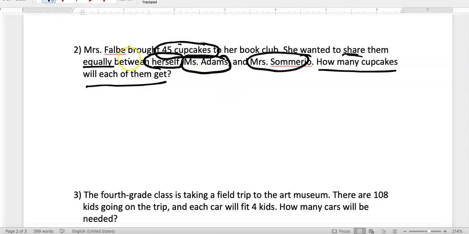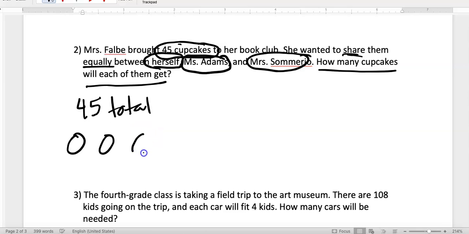Okay, so she had a total of 45 cupcakes. That's what she came to the book club with. She didn't get any more. Now she has three people that she needs to give those cupcakes to. She wants to eat some cupcakes herself, so that's one person. Miss Adams is another person, and then Mrs. Samario is another person.